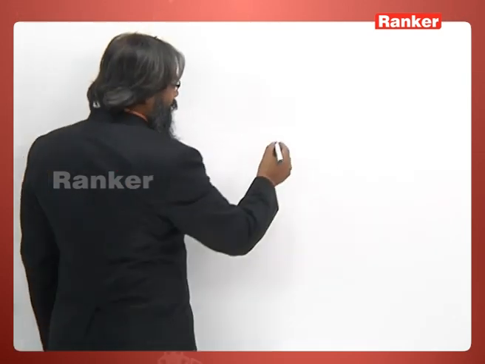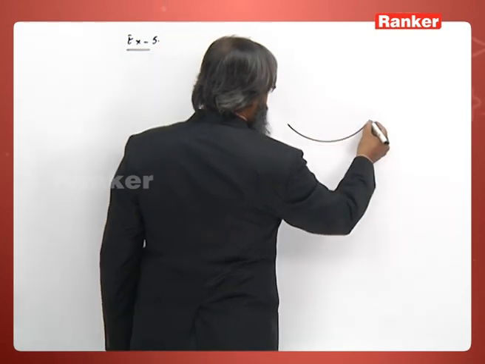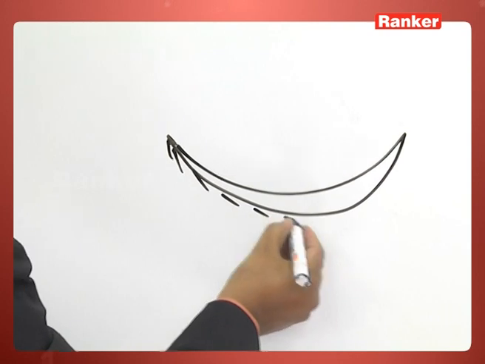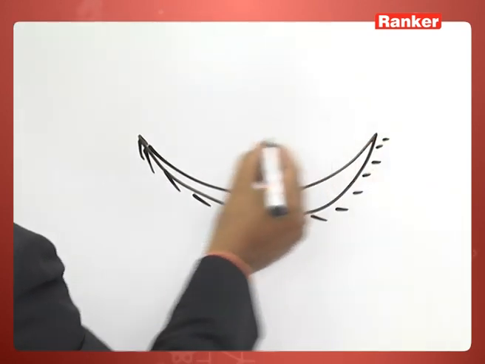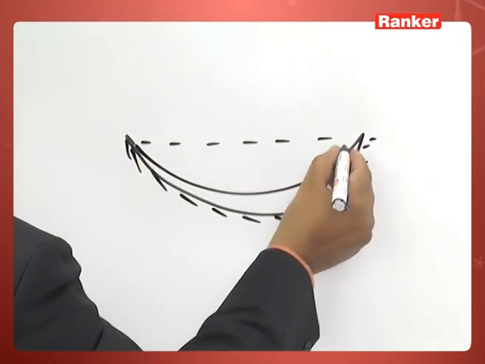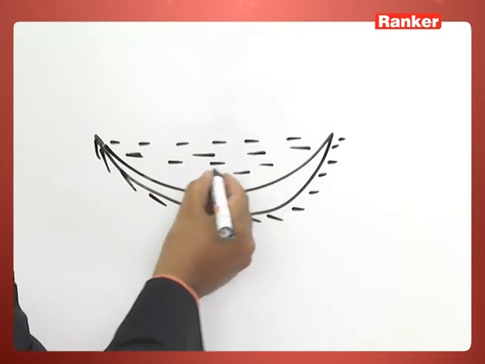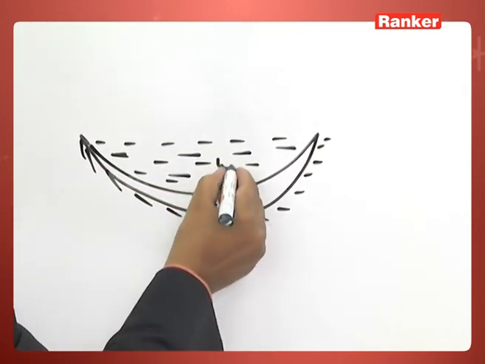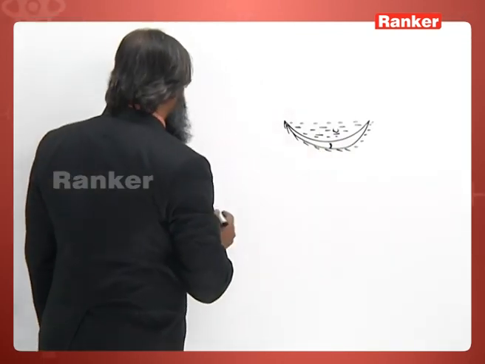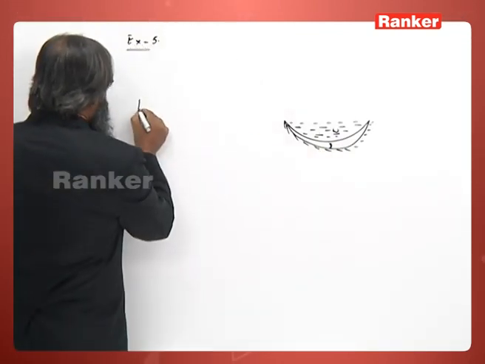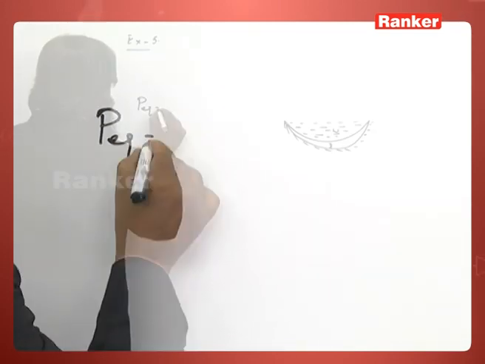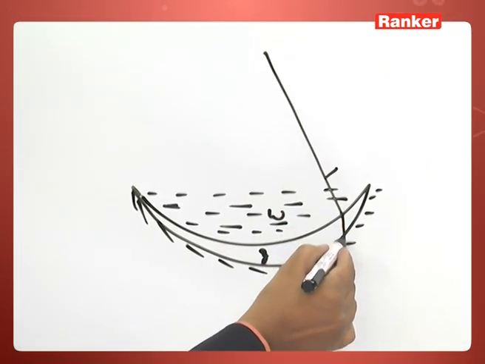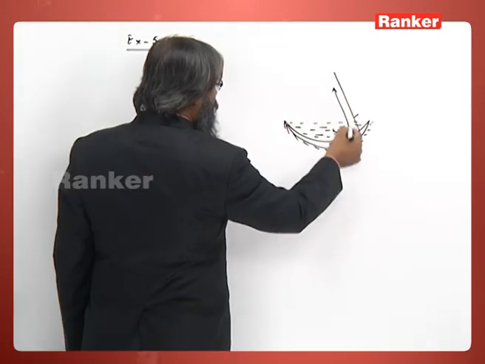Now suppose we have a lens like this with this portion silvered, and in this part we have put a liquid, suppose water. This is glass, this is water, and this is the silvered part. So here P equivalent will be, suppose a ray goes like this and then it comes like this.